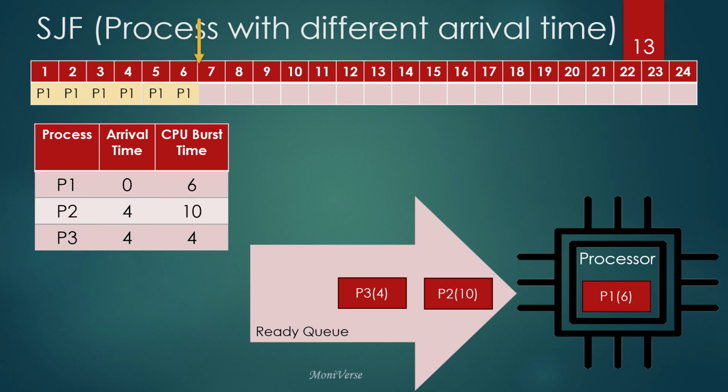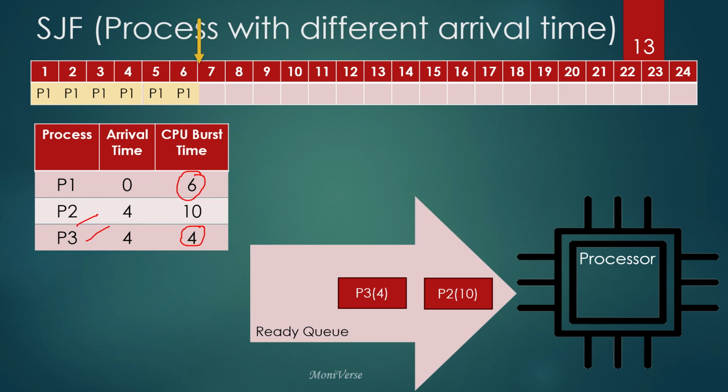Now the execution of P1 has been completed. That is 6 units of time has been completed here. So P1 exits the processor. So now at time 4, we have two processes entering, P2 and P3. P3 has the shortest burst time.